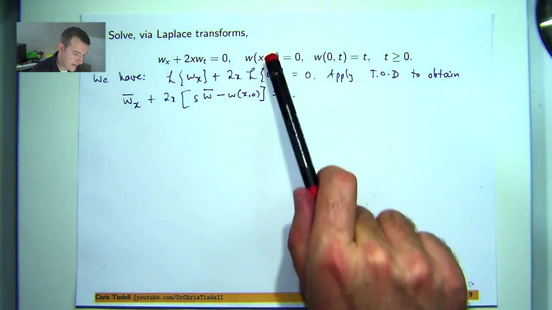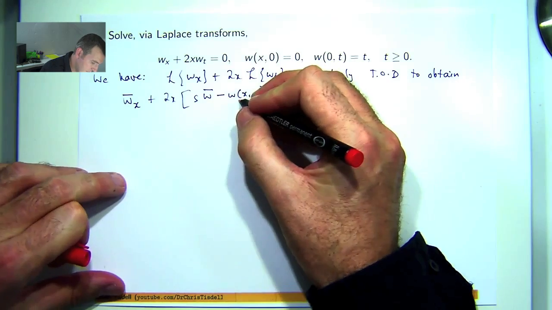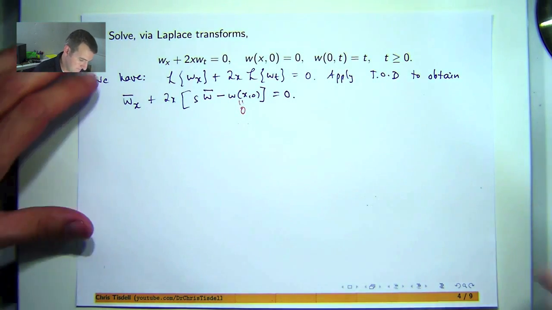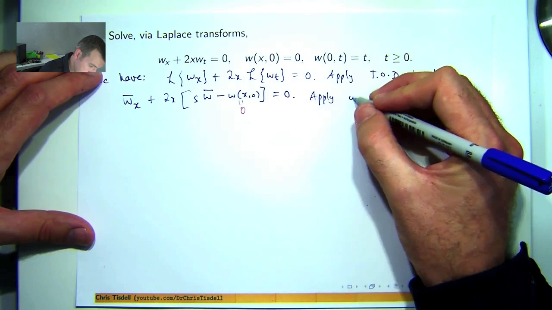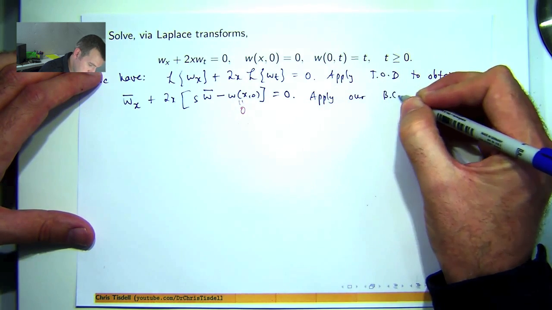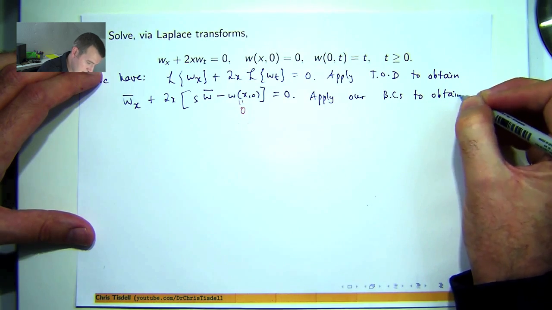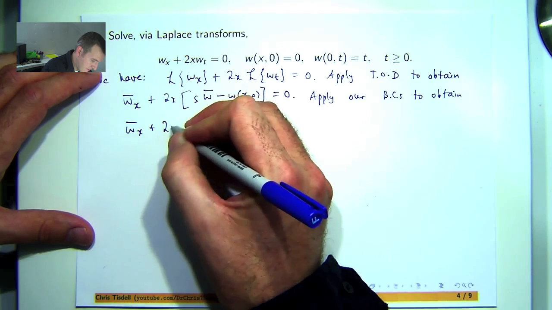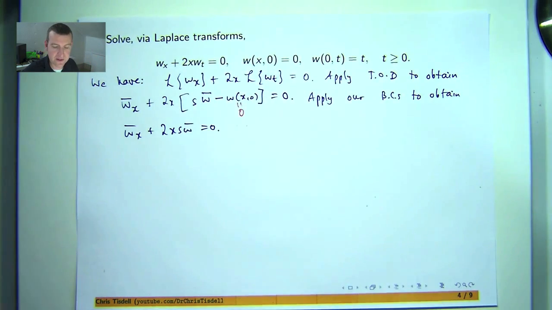Okay, well, let's look up to our conditions up here. We can use this in here. We know that this is 0, so that term's going to disappear. Okay, so that's going to be 0. And we get the following.